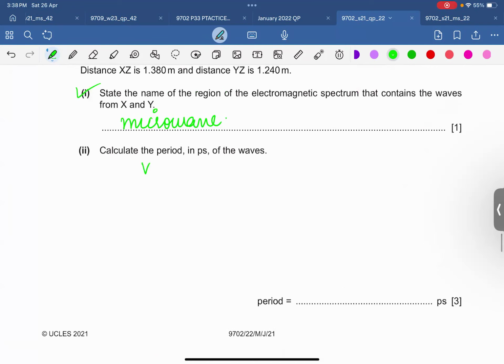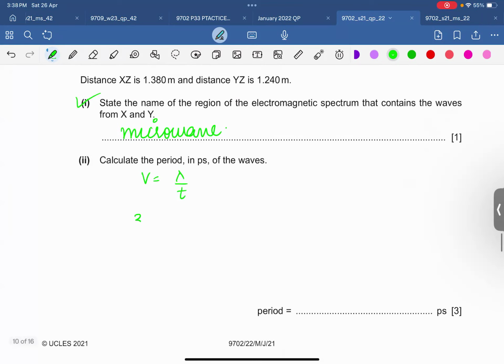सॉरी, v = fλ कर लिया आपने, या v = λ/T कर लिया आपने. सिंपल सी चीज है, सिंपल सी. Speed of the light, speed of the electromagnetic wave is 3 × 10^8, and time is basically what you have to find out, 0.04 over T. Okay, so T equals 0.04 divided by 3 × 10^8.